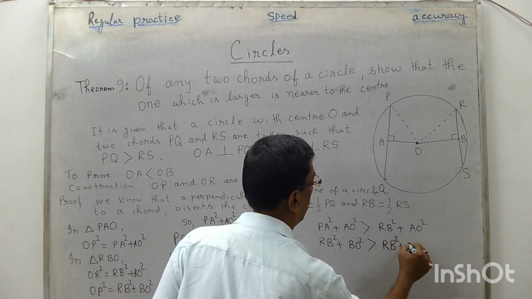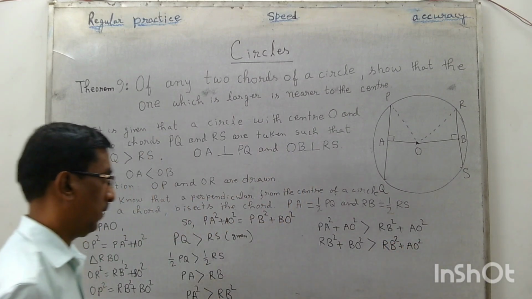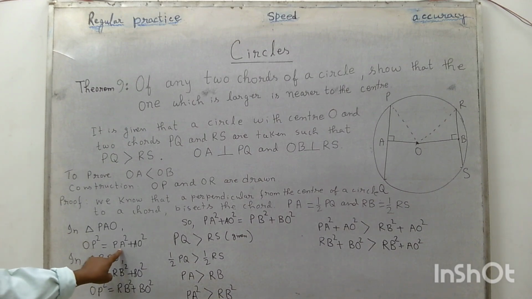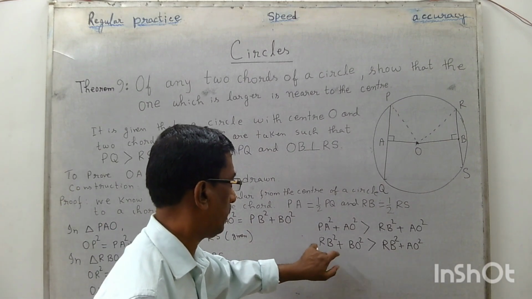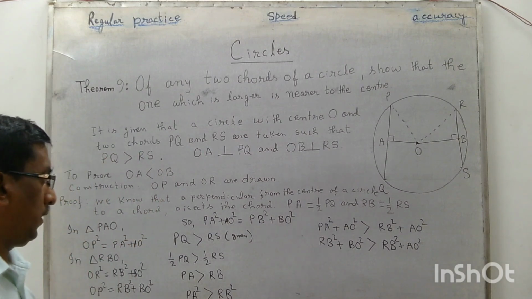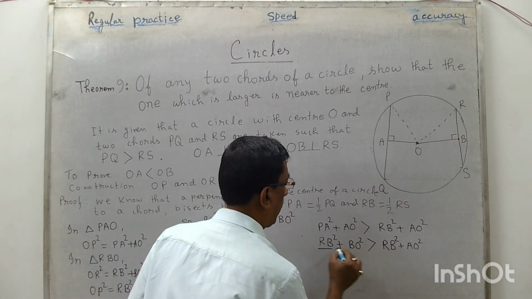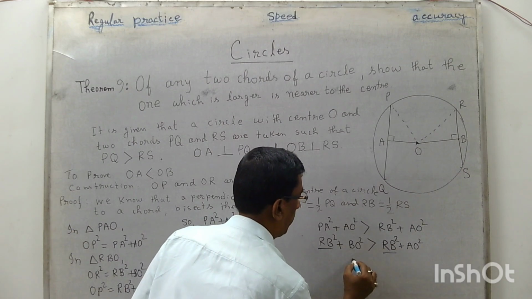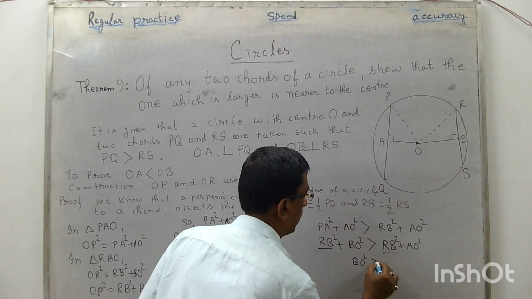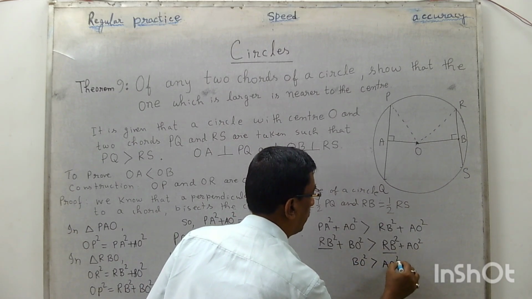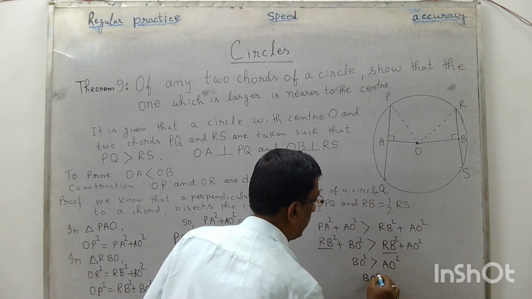plus AO square. Clear? ये जो PA स्क्वायर प्लस AO स्क्वायर है, ये OP स्क्वायर है। अब OP स्क्वायर जो है ये RB स्क्वायर प्लस BO स्क्वायर है, यहाँ पे देखो OR और OP इक्वल है, तो ये एज्यूम करके हम लोग यहाँ पे लिख सकते हैं, we can write this. Now cancelling this RB square and RB square, यहाँ पे क्या आएगा, BO square is greater than AO square और BO is greater than AO.